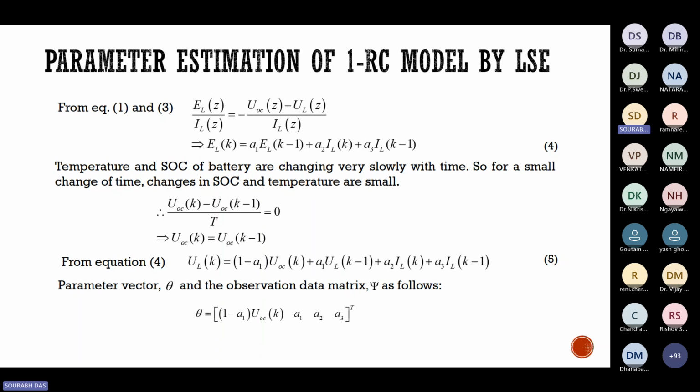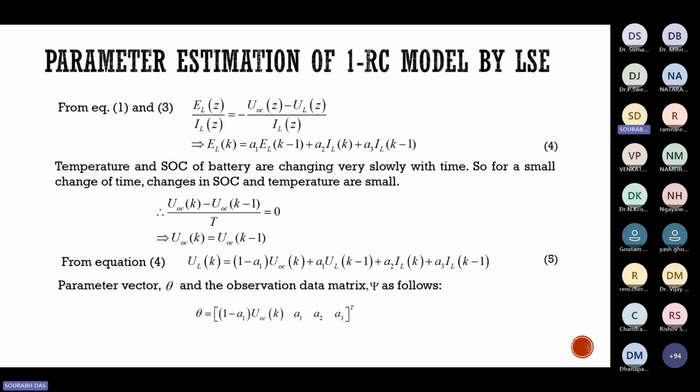That's why we have to give time to rest the cell until the cell comes to the equilibrium state. After that only we can take the terminal voltage value, which will be the OCV value. So after giving every pulse, we have to take rest for 2 to 3 hours. After that, we can take the terminal voltage value, and due to this time-consuming process, we want to estimate the open circuit voltage also with these unknown parameters.